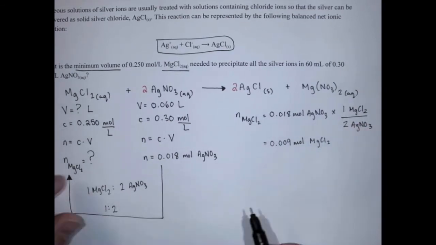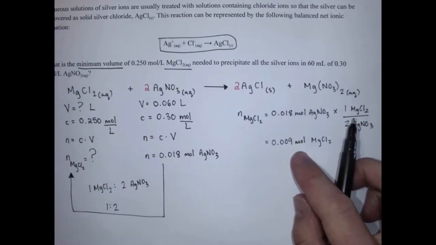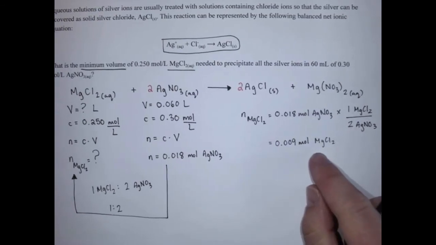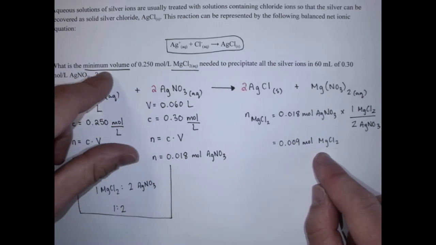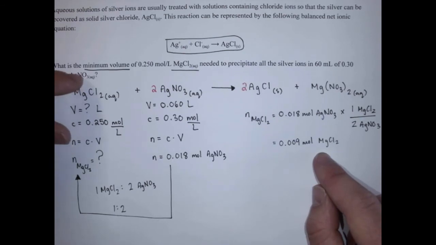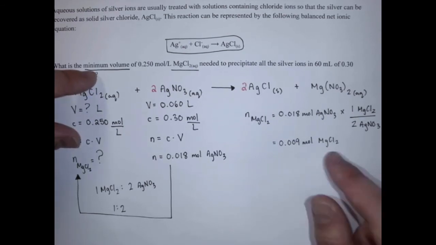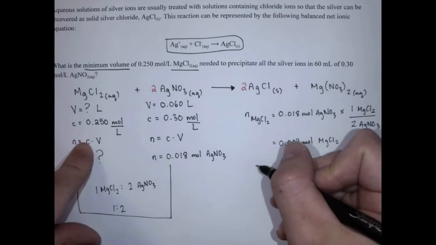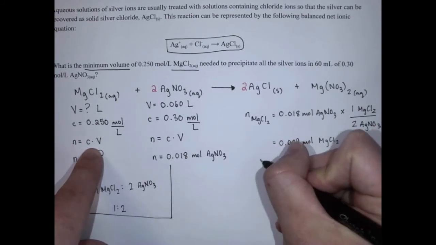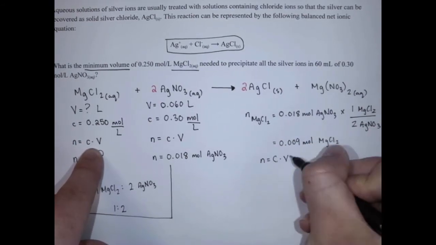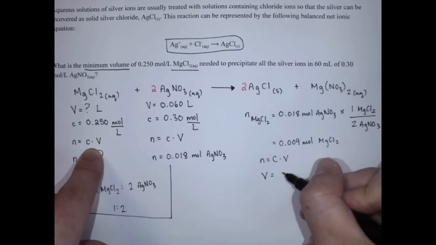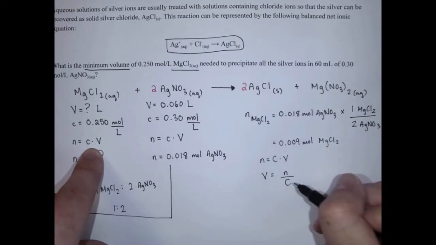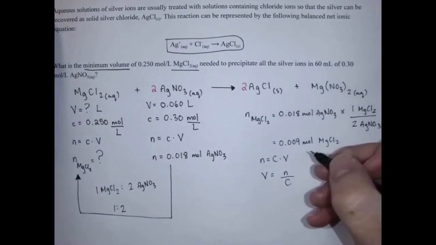Okay, so that's useful now, because now I know how many moles of magnesium chloride are required to run this reaction. I know the concentration of the solution that would be available to me. So now I can actually figure out its volume. By rearranging the concentration, volume, moles equation to solve for volume, I can do volume equals number of moles over the concentration.